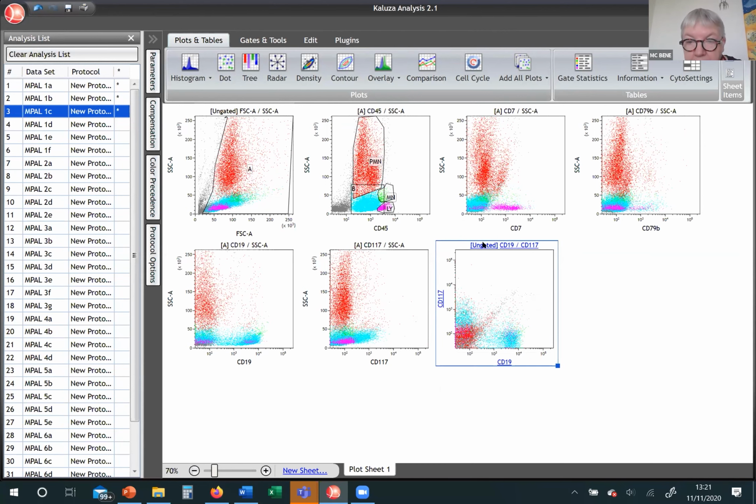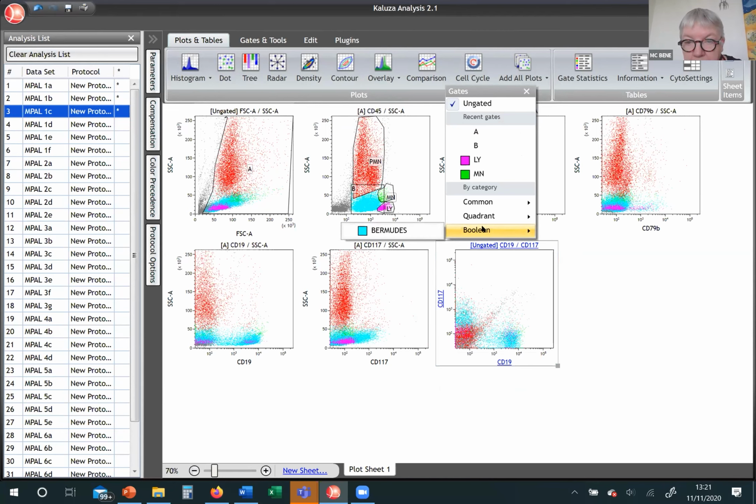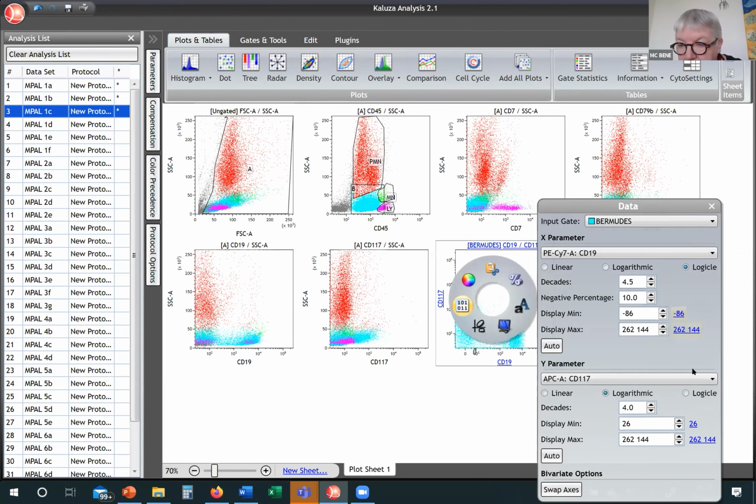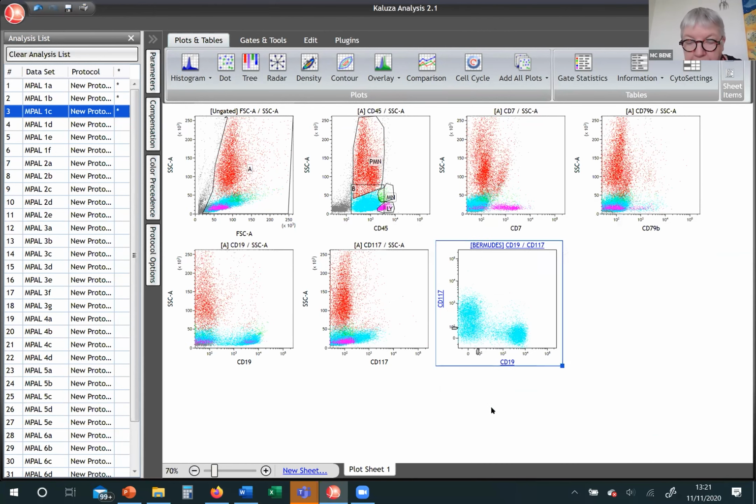I can make it clearer if I just gate it on the B blasts. And I can also use this logical function to see my populations better. And you clearly see that you have these two different populations, at least, perhaps even three: one CD117 positive, one CD19 positive, and one without any of these markers.